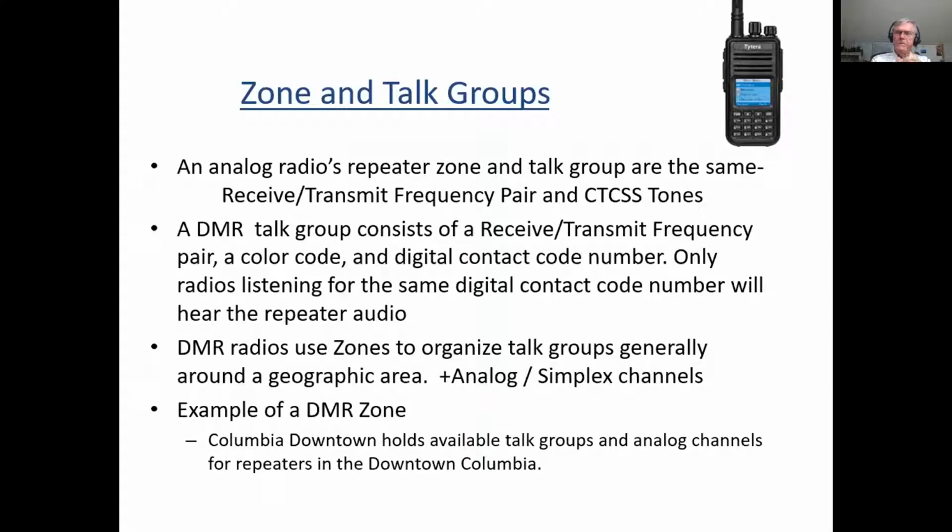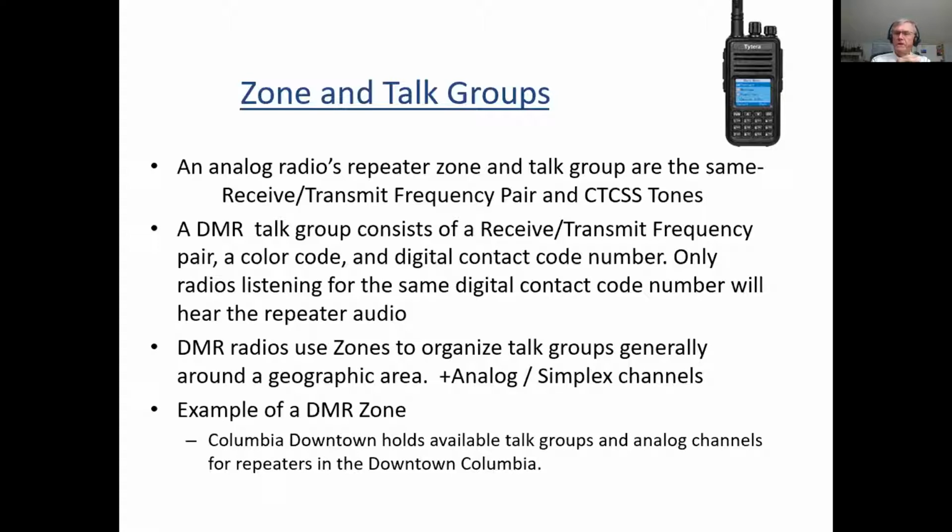In DMR, it's a little more complex because you still have a frequency pair, you receive and transmit. You have a color code, which is very similar to the encode tones. But then you also have a digital contact code number, which defines what talk group you're going to be on.